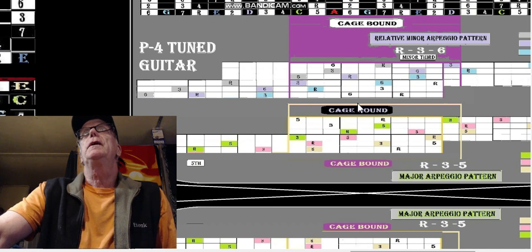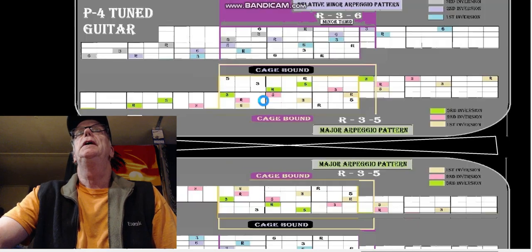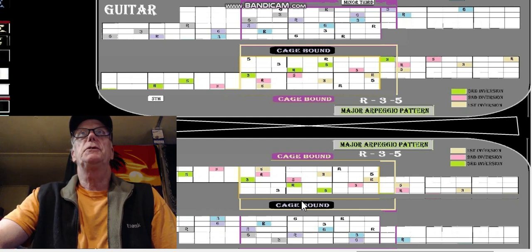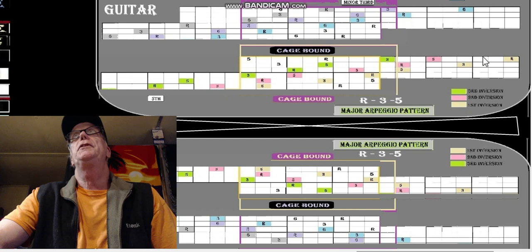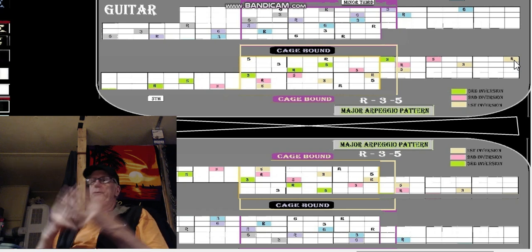So here it is, and it turns out that that pattern is the mirror image of this pattern, which is your guitar, your cello, violin, fiddle pattern. So here's an E shape. On the mirror image, we look down here. We should be able to find an E shape right here. So here's the E shape here. Here's E shape there. Okay, but remember, there's only 5 strings here, so we don't have the top string. We don't have a mirror image of the top of the P4 6-string guitar, but who needs it?